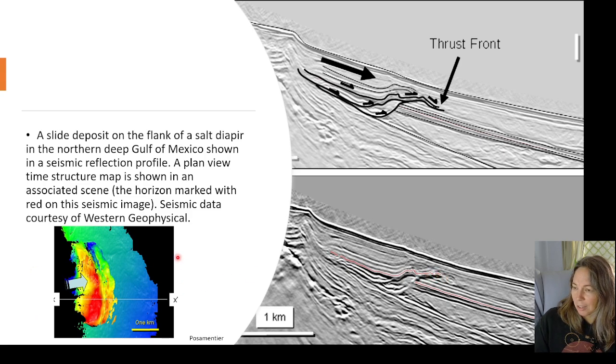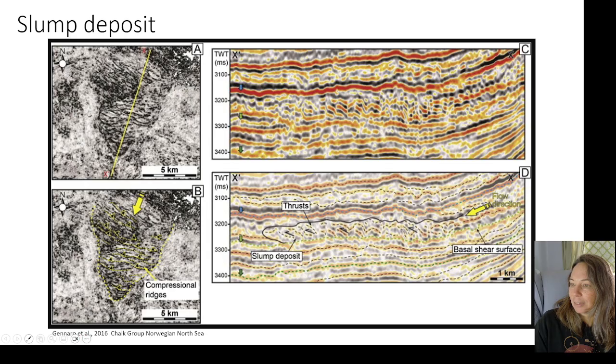And if you look at it in a time slice with some color applied to it, you can see the structure that it created. So it looks like, if you're from the north or a place where it snows, or even if you've looked at a lot of landslides as analogs on the Earth's surface, you get that ridging effect, the thrusting effect.